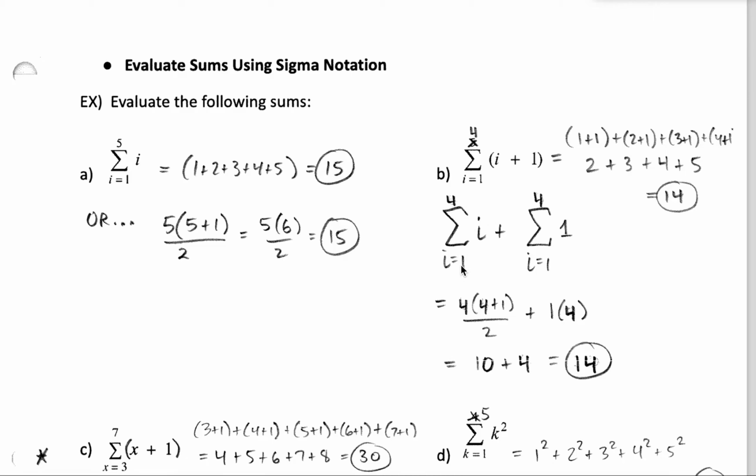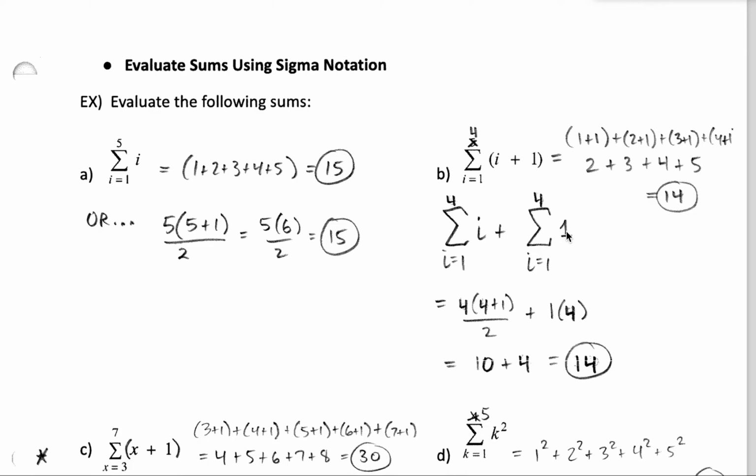So our interval is 4 numbers big or long. Cut that in half, that's the number of pairs. So we have 2 pairs, and each of our pairs are adding up to 5, the first number and the last number in our sequence. So 2 pairs times 5 is 10.